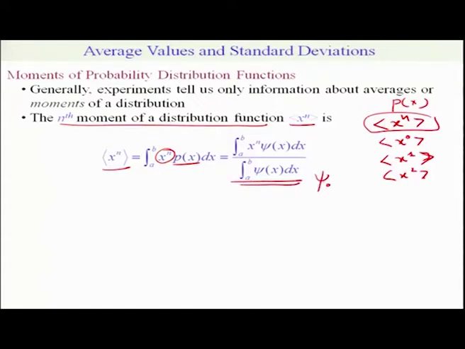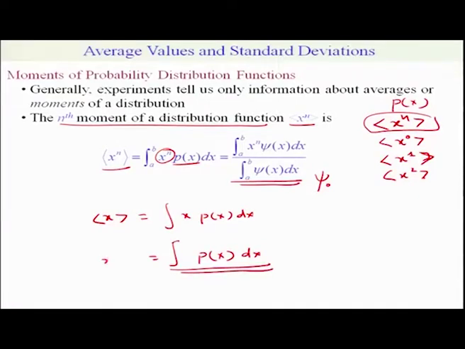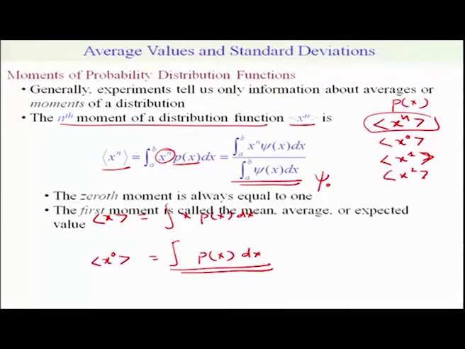So, we have written this as <x^0>, which means basically the average of x, the mean value of x using the distribution, is going to be the integral of x p(x) dx. And that means this integral of p(x) dx is going to be simply <x^0>. So, the 0th moment is always equal to 1 if it is normalized, and the first moment is called the mean or the average or expected value.